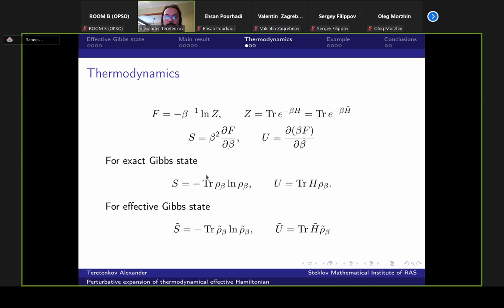We have this formula, and for effective Gibbs states, we can also use this formula, but then we define something else which is different from these exact results. And what is it?